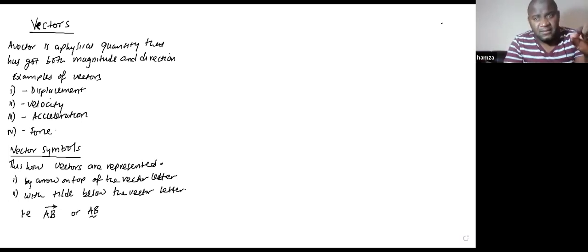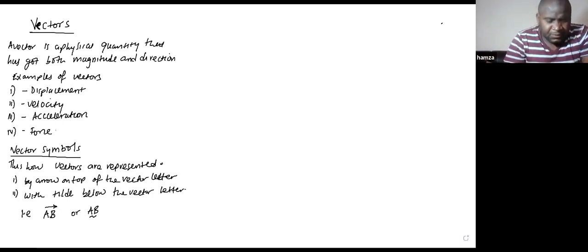But if you put the arrows or those tildes below the letters, then you are strictly talking about vectors. Besides that, you are not talking about vectors.